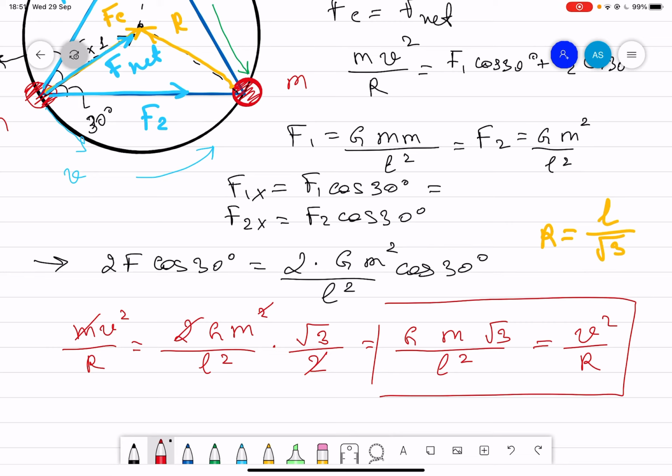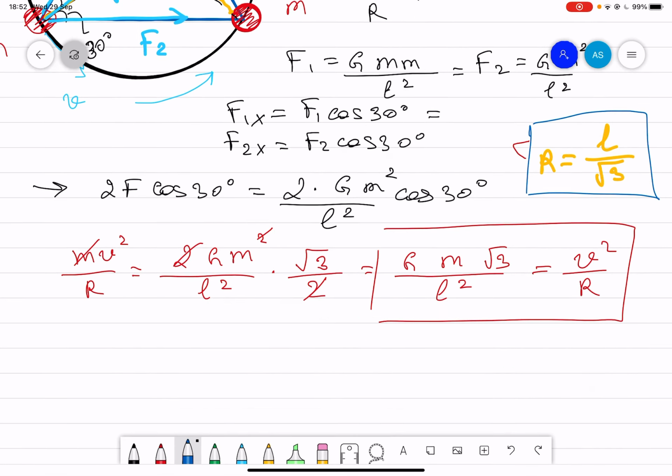Then we know from here that our r is equal to that value. So let's continue. G m square root of 3 divided by L squared is equal to v squared over r.